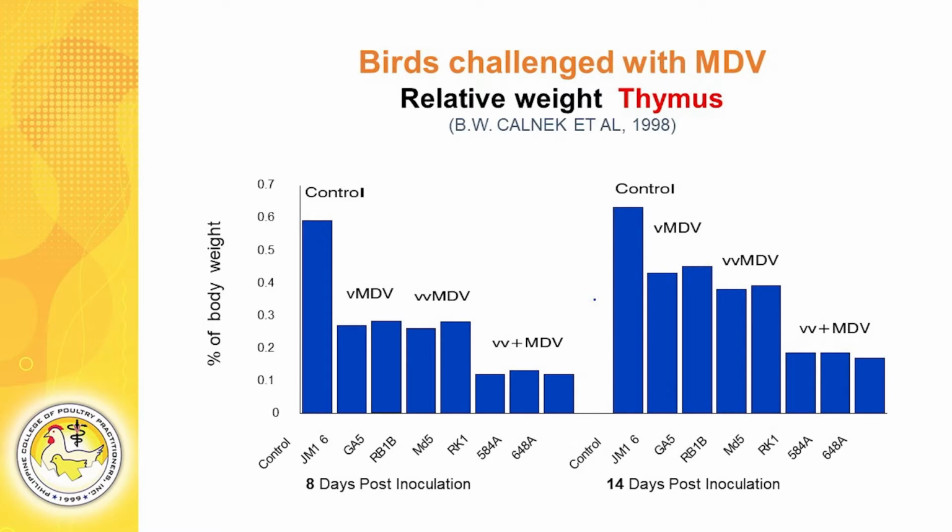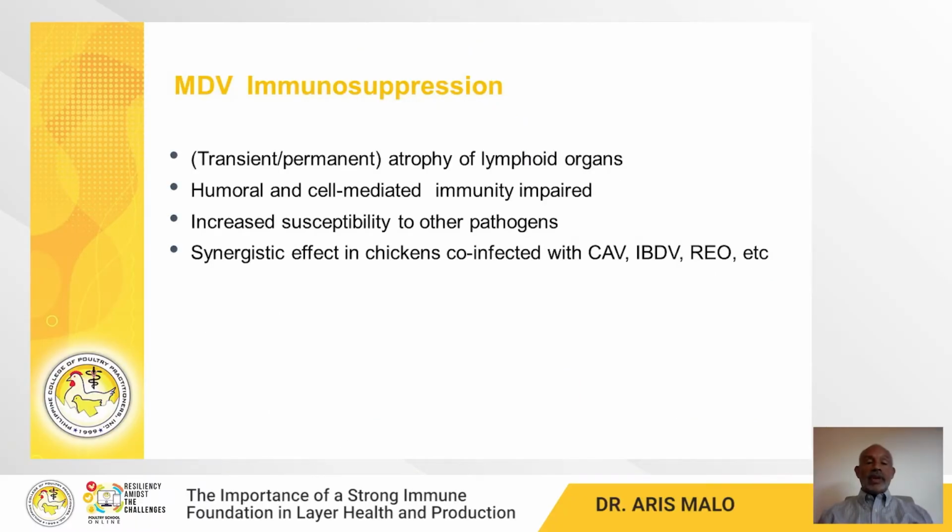So if the birds are challenged with more virulent strains, this will have a more severe impact on the weight of the thymuses. The thymuses will be smaller. So MDV will cause immunosuppression in infected birds, could be transient or permanent due to atrophy of the lymphoid organs.